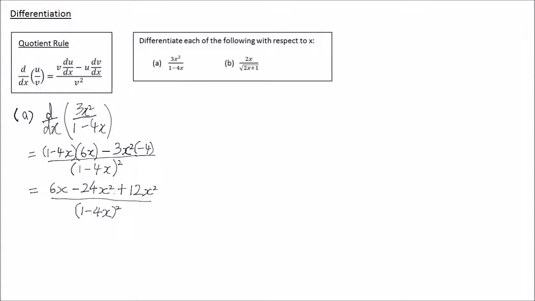Now simplifying the top, we have 6x minus 24x squared plus 12x squared, which will give us 6x minus 12x squared, over 1 minus 4x, the whole thing squared. So this is the final answer for part A.